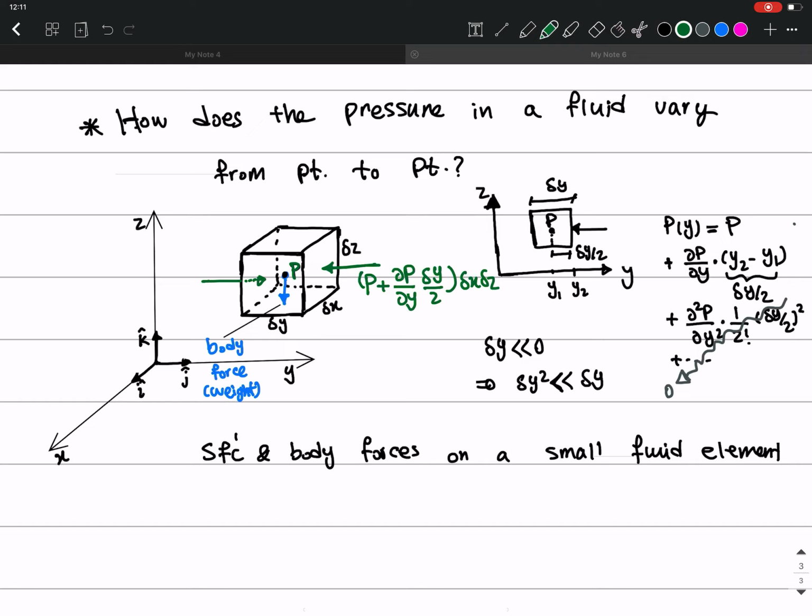So instead of y2 minus y1, say this is y0, if you write it down, you are going to have y0 minus y1, so it's going to be minus delta y over half, right?